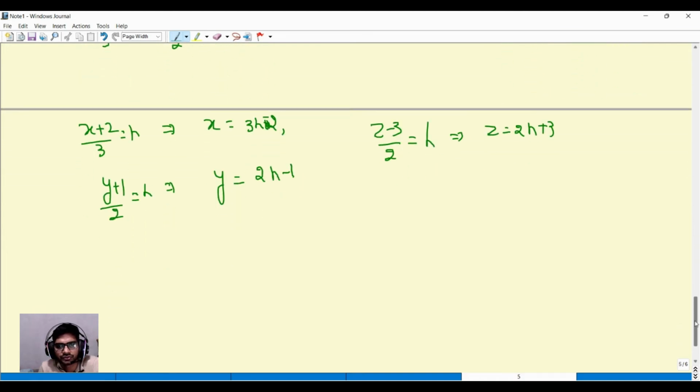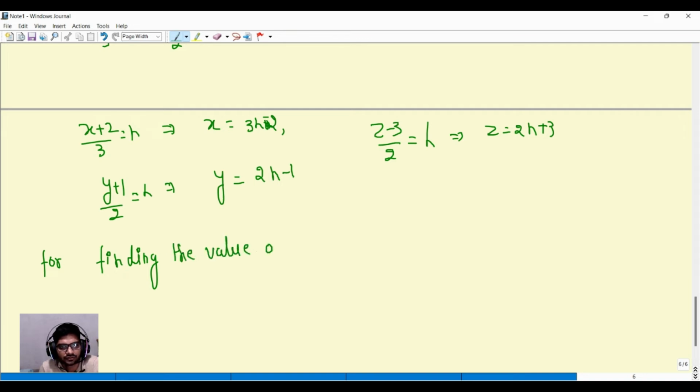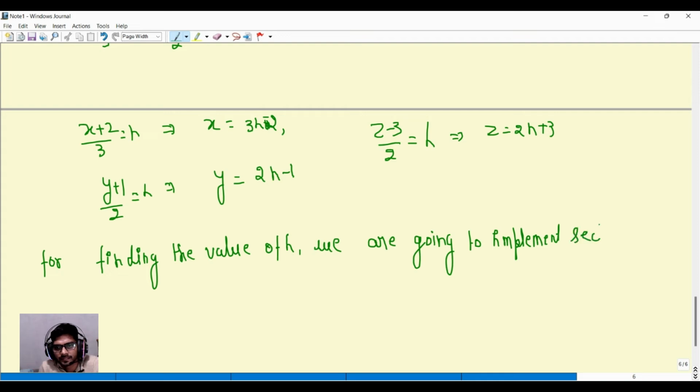For finding the value of lambda, we are going to implement the distance formula.